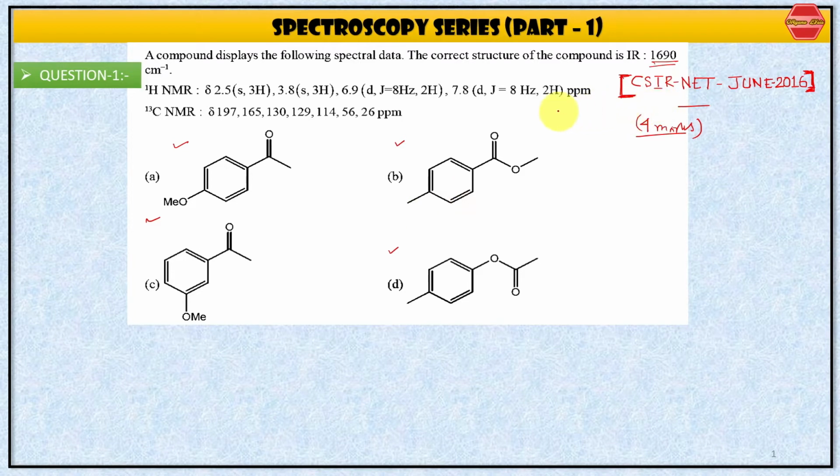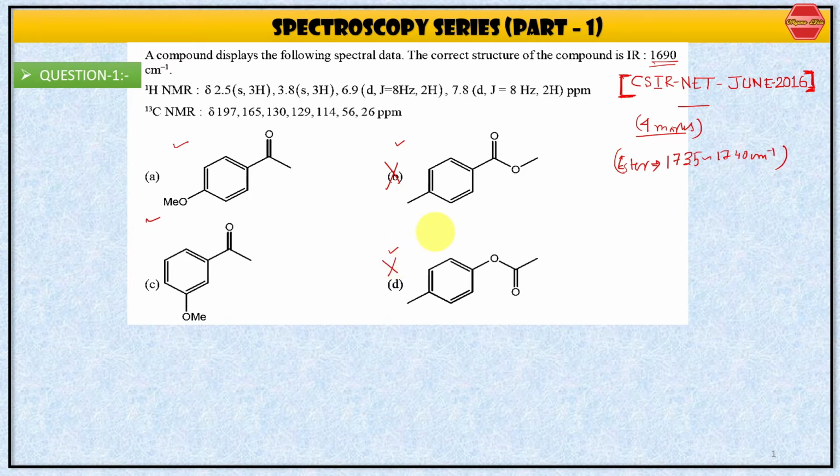So from the IR value we can easily eliminate option B and option D. We know the IR spectrum of an ester shows values around 1735 to 1740 centimeter inverse, and the IR value given in the question is 1690 centimeter inverse. So this compound doesn't contain any ester group, and you can easily eliminate option B and option D from the IR value.